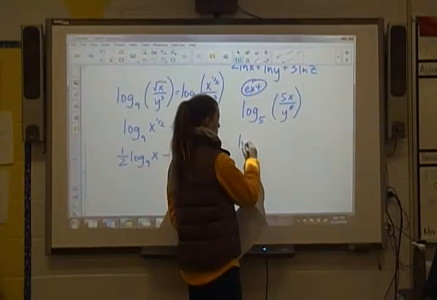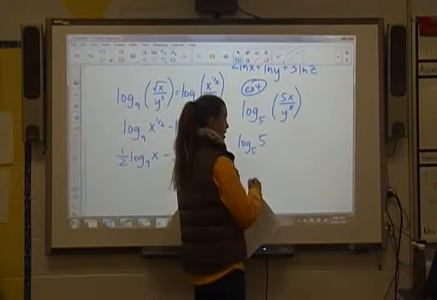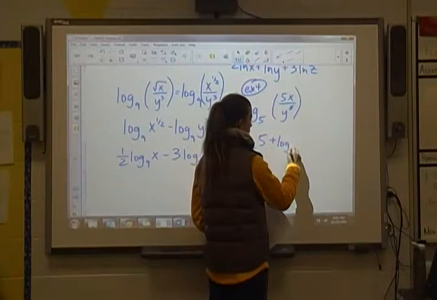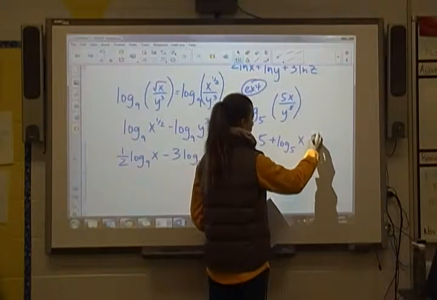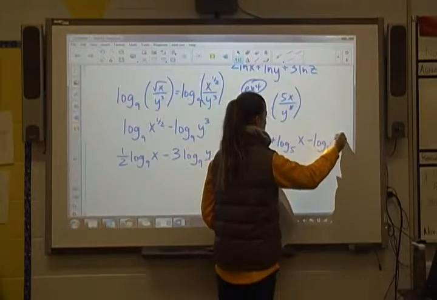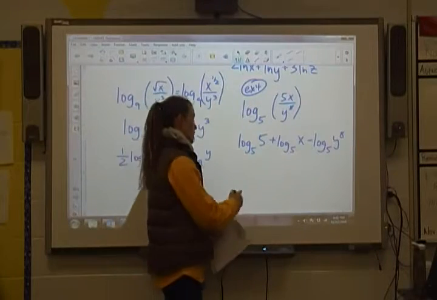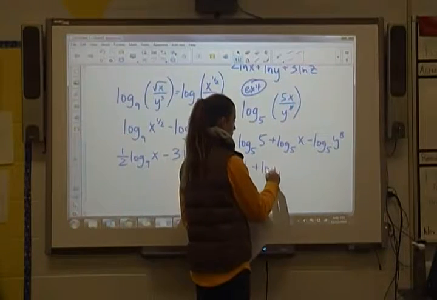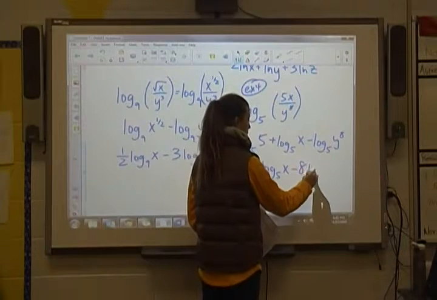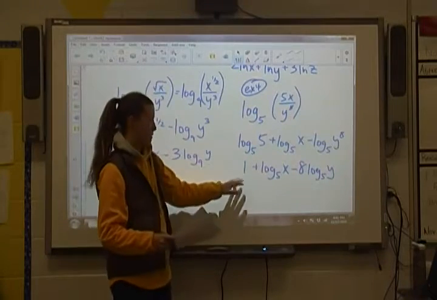So log base 5 of 5, oh, look at that, we know what that is, plus log base 5 of x minus log base 5 of y to the 8th. So this, we know that actually goes away and becomes 1. So we have 1 plus log base 5 of x, and I've moved my 8 as a coefficient, minus 8 log base 5 of y. So that'll be my final answer there.